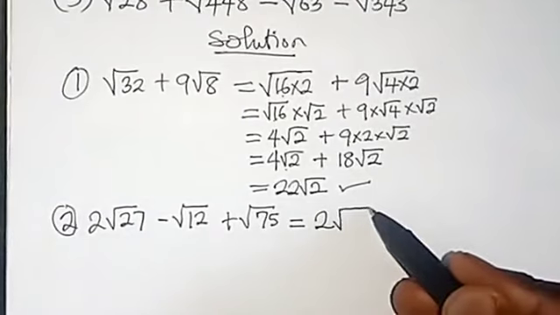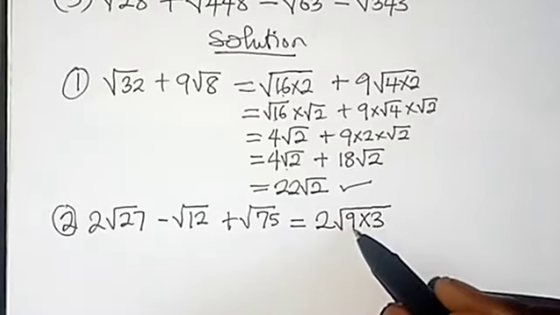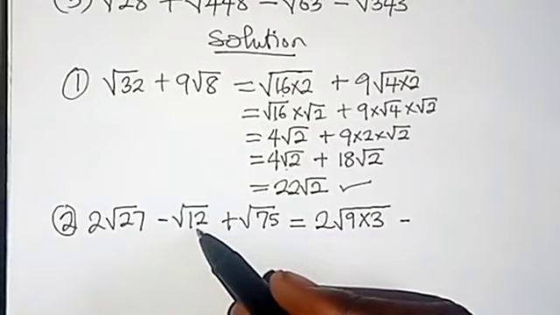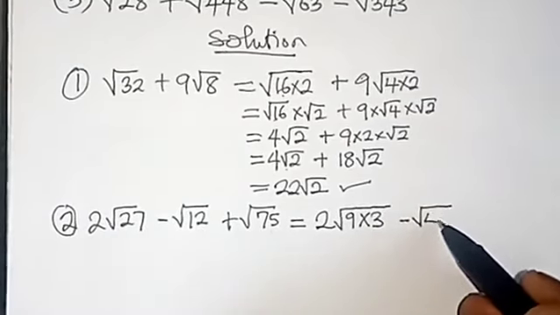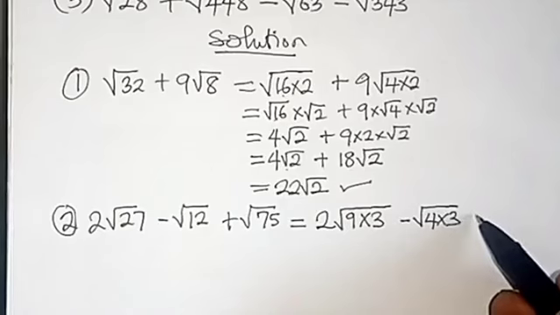So 9 is a perfect square. I can definitely have 9 times 3. So minus, here if I divide this one also by 3, I will have 4. So 4 is a perfect square. So I'm going to have 4 times 3.